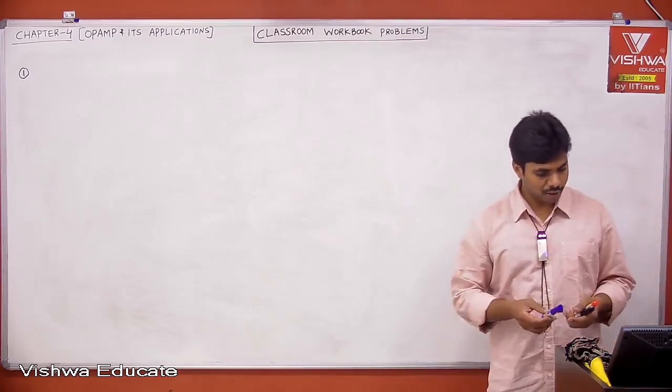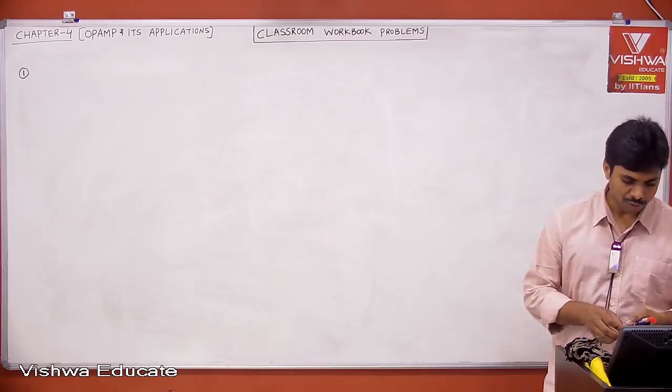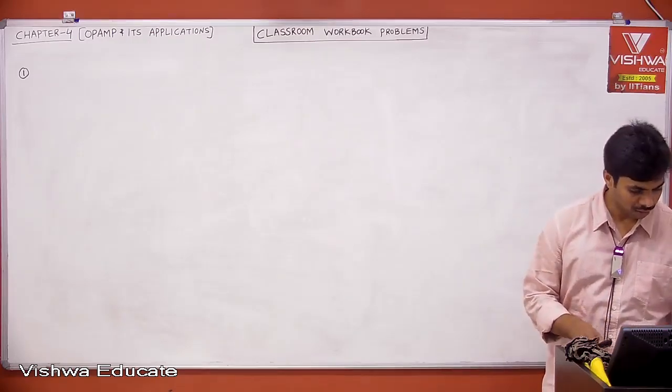If the op-amp in the figure is ideal, the output voltage Vout will be equal to, right?